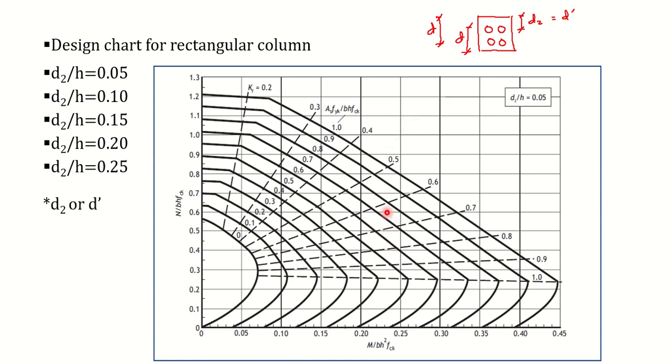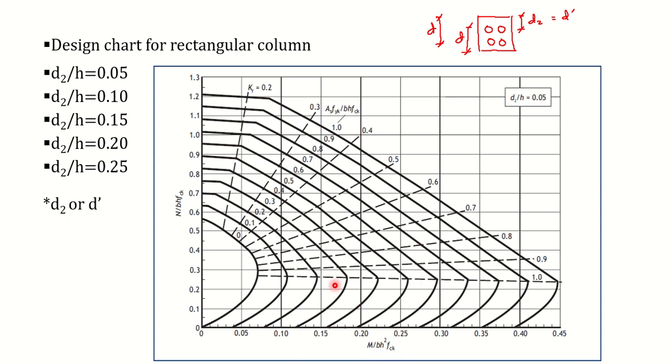Next, once we have determined which chart we are going to use, we need to calculate N over BHFCK, where N is our NED, the 490 something, divided by BHFCK. We calculate that, and also M over BH square FCK, where M is the MED, the design moment, from the previous slide.